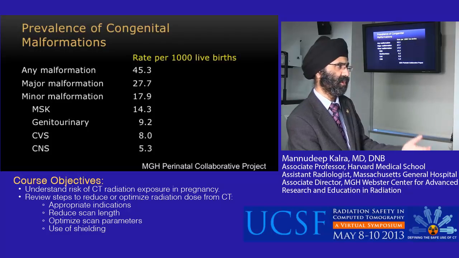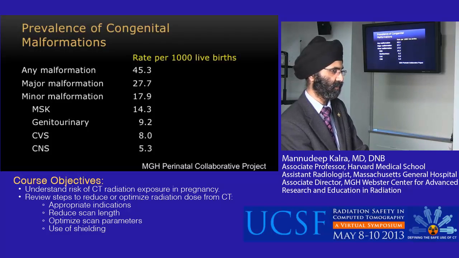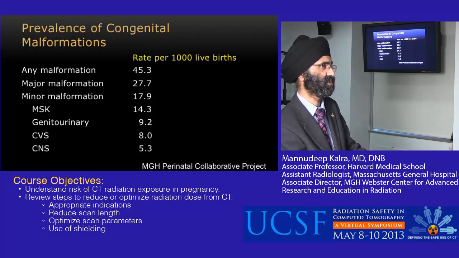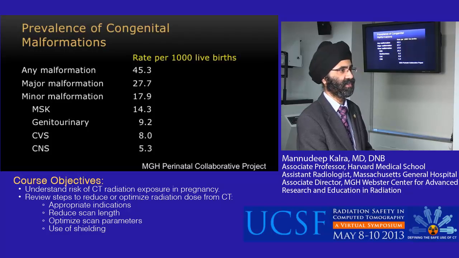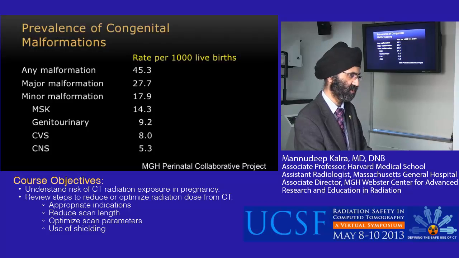And then roughly 1/3 of those are minor malformations which can affect the fetus even without radiation exposure. So this is very important to know when you are counseling a patient who has received radiation dose, because there is a background risk of having congenital malformation even without radiation exposure.